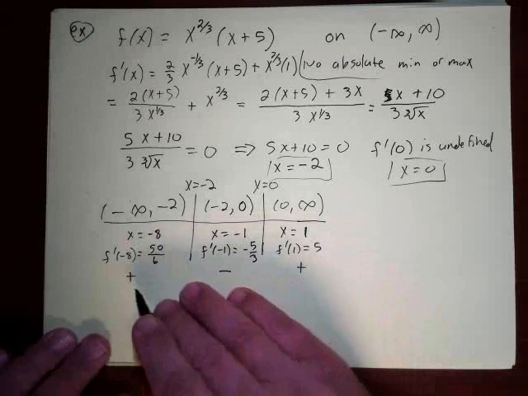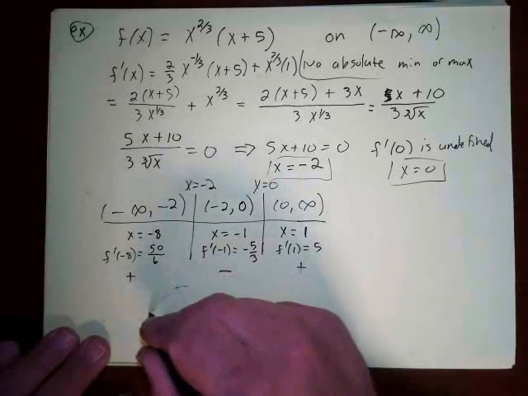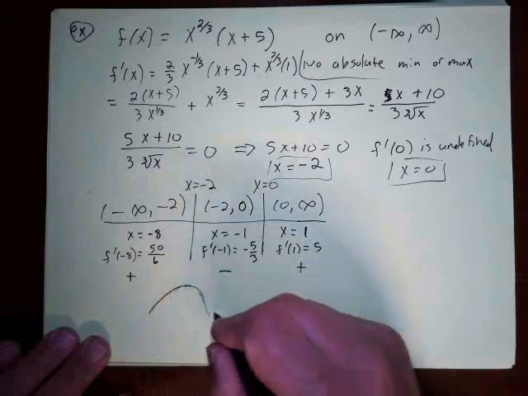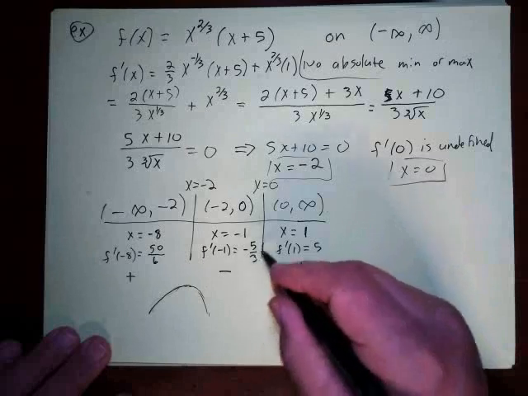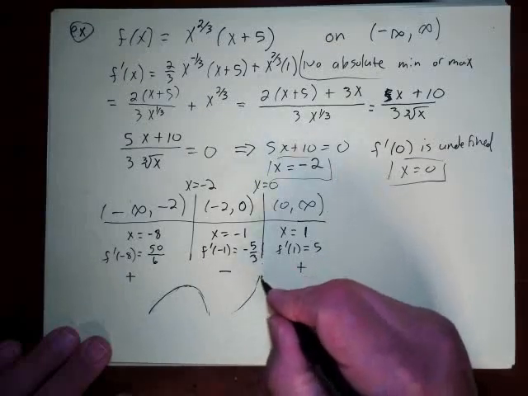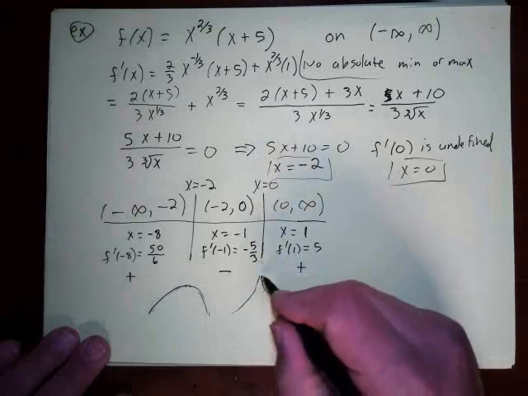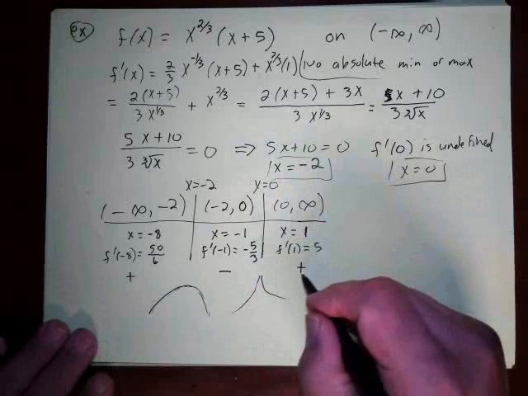And so the function is increasing, and then you have a critical point, and then it's decreasing, and then here, I'm not sure exactly how it is, but it's undefined here, so it's not like 0.